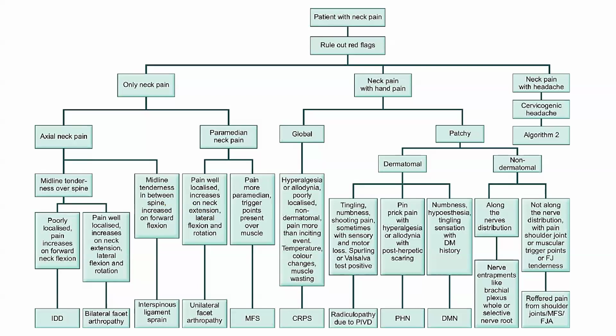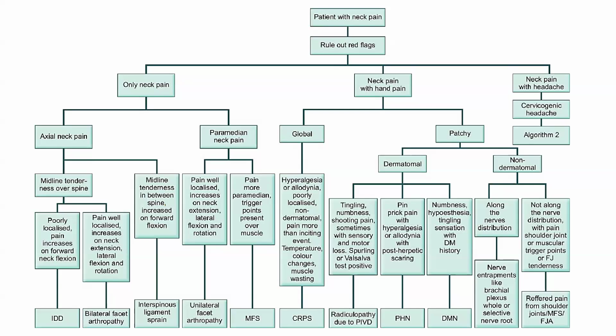Okay. Now, if it is a midline neck pain with tenderness over the spine, and the pain is poorly localized, it could possibly be pain originating from the disc, discogenic pain, sometimes called internal disc disruption. It could be only neck pain, poorly localizing, as it is mediated mostly by the sympathetic nerves, and usually there should not be any radicular component.